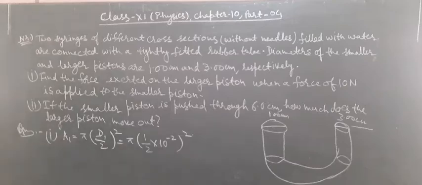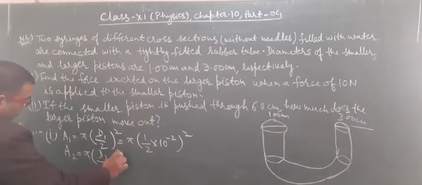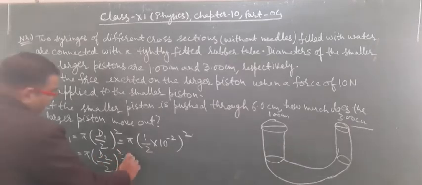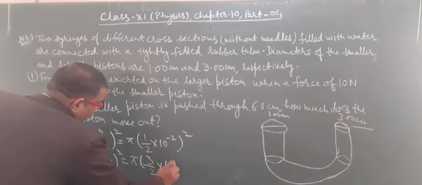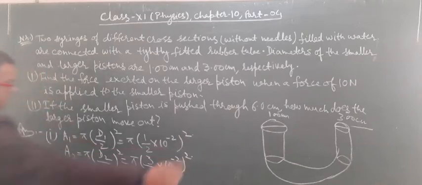This is the value of A1. A2 is equal to pi (d2 upon 2) whole square, which is pi (3 by 2 into 10 to the power minus 2) whole square.